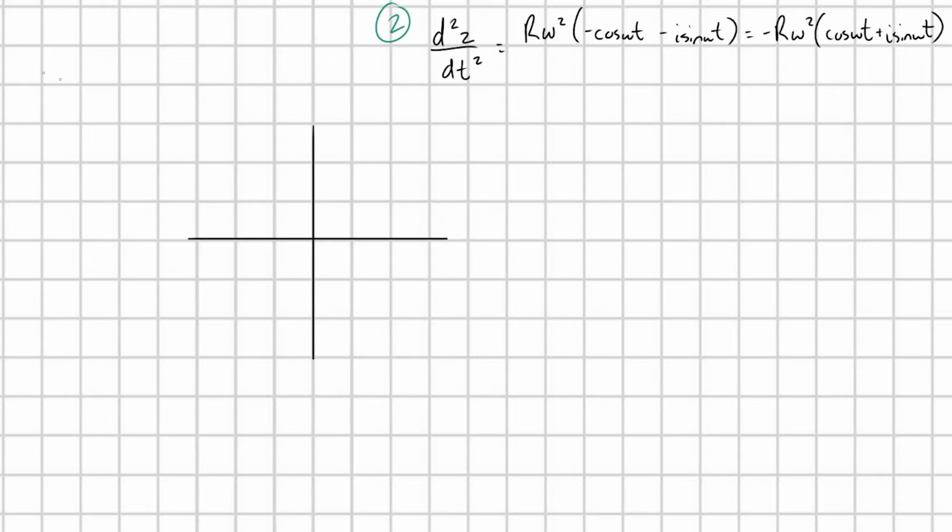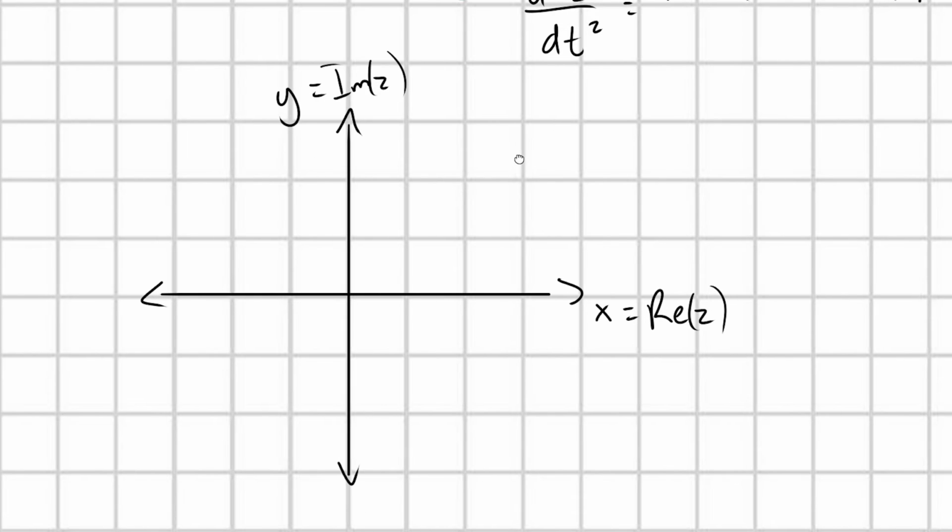I'm going to go ahead and describe my complex plane again. So this is x equals the real part of z, and this is y equals the imaginary part of z. Okay, cool. Now, I haven't connected any facts yet.